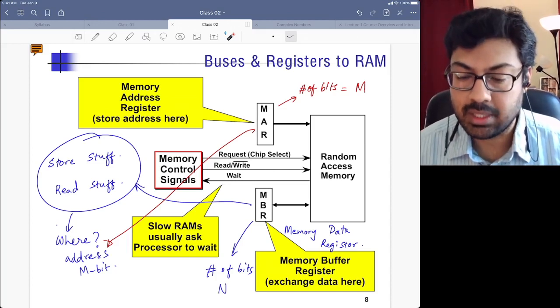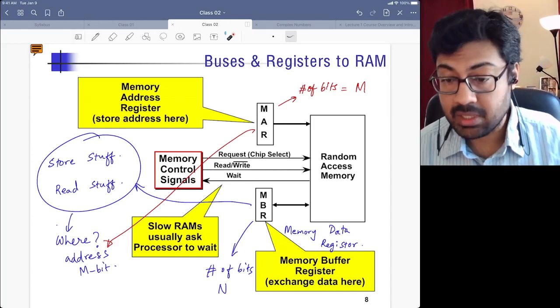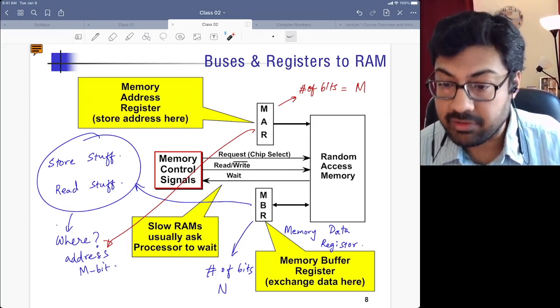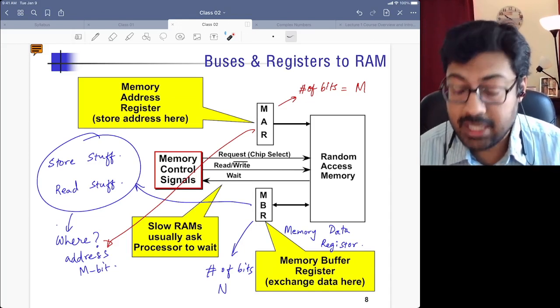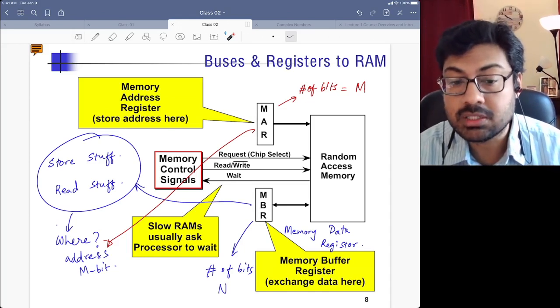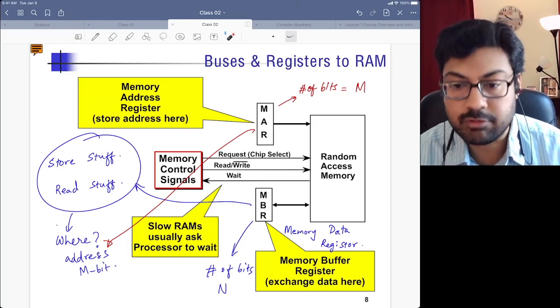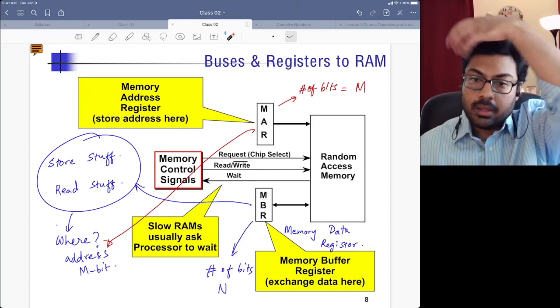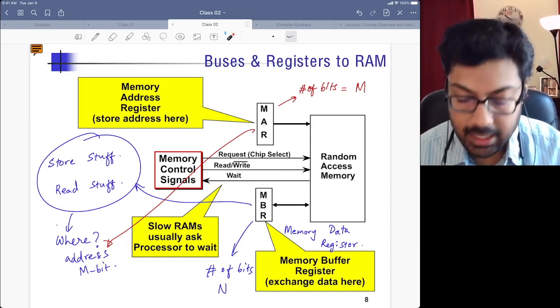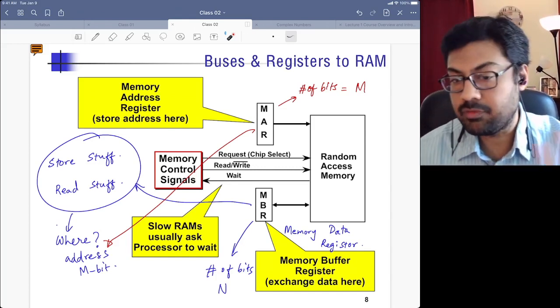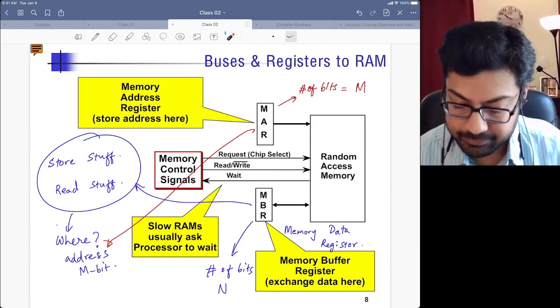They may be the same. It depends on how your memory is organized, right? So M, 32 or 60, that's right. But it really depends on the organization of your memory. It definitely could be different from N. But one is for address, one is for data.